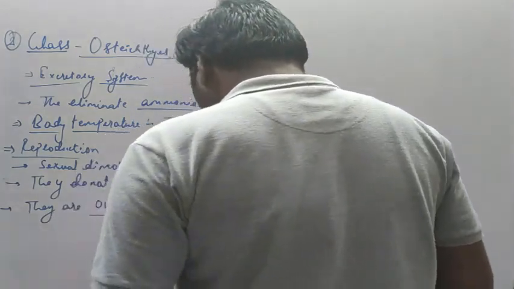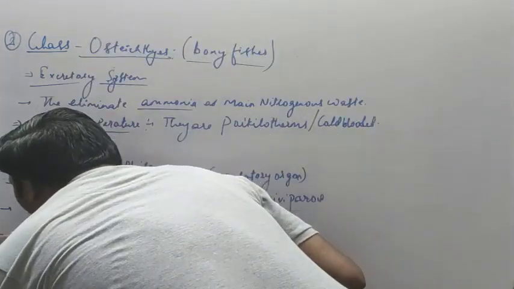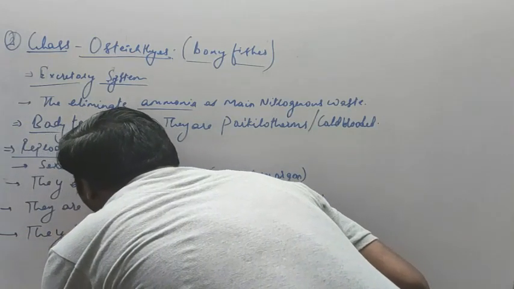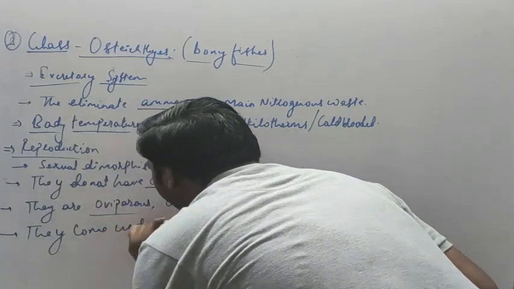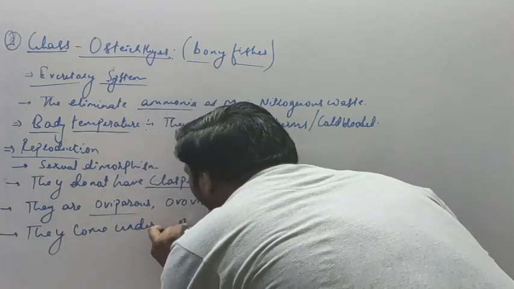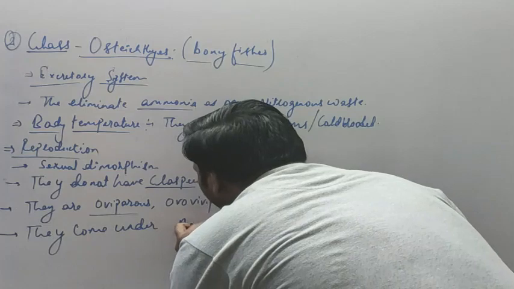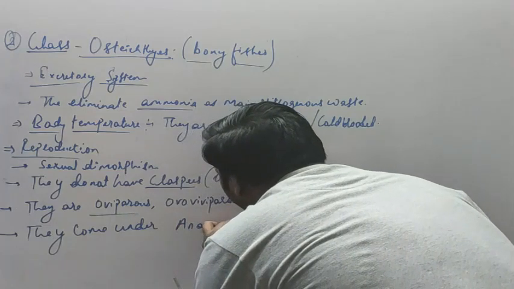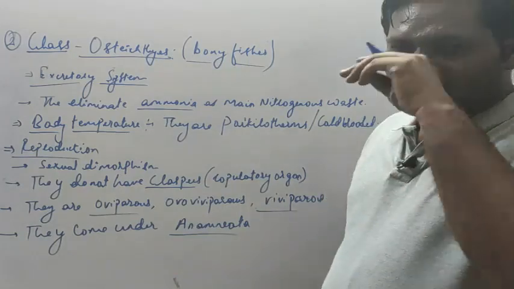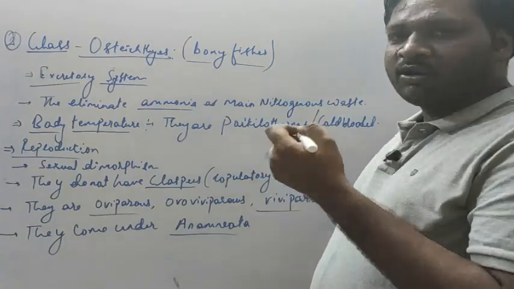The next, they come under a category called anamniota. Around the egg or around the fetus there is normally an amniotic layer.